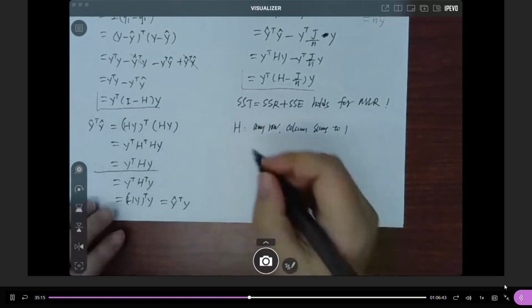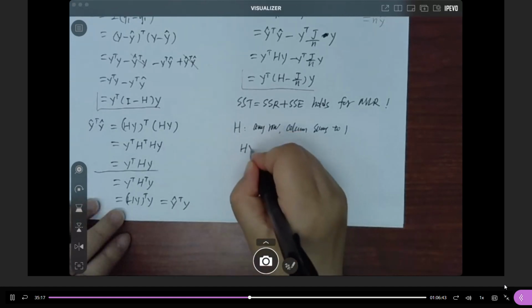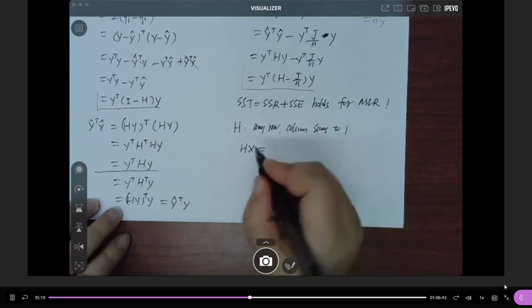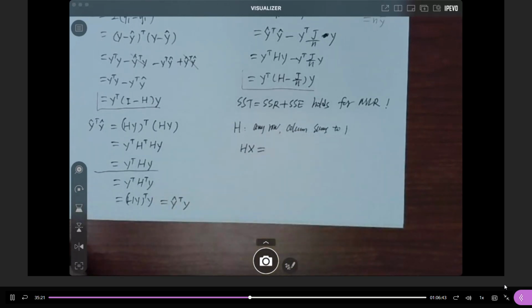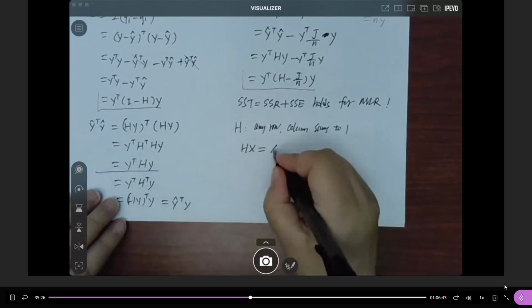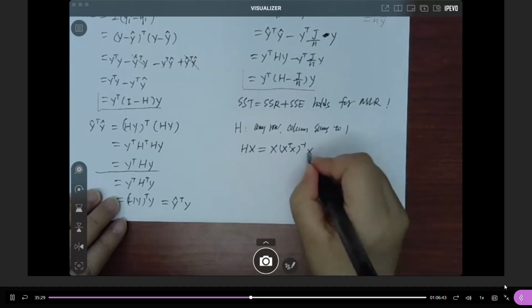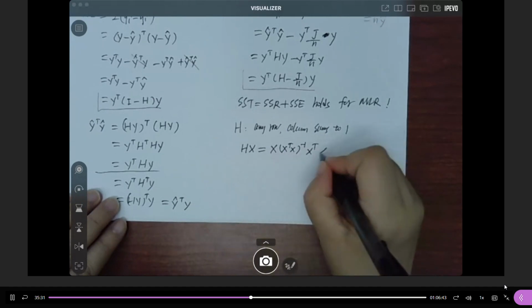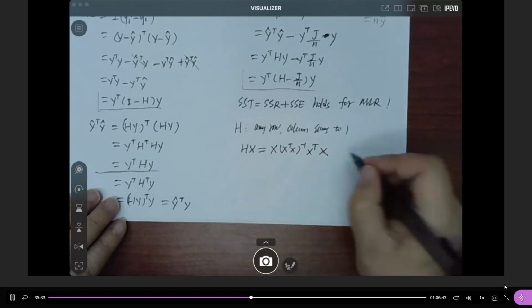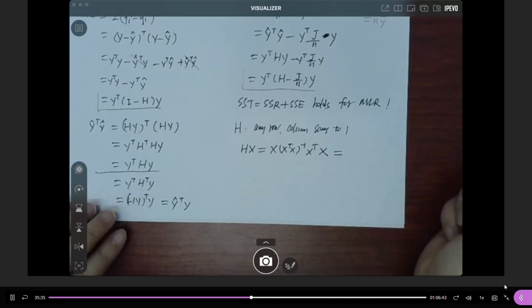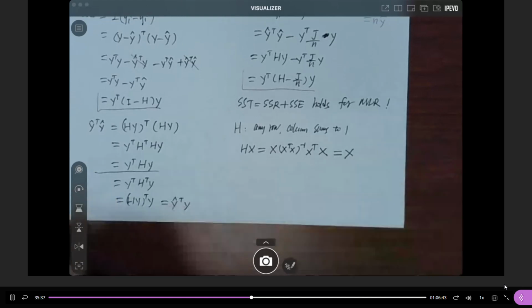Answer one question first. What is the H-X multiplication? Given the definition of H as X (X transpose X) inverse X transpose, this is H multiplied by X. What is that? It will be just X, right?